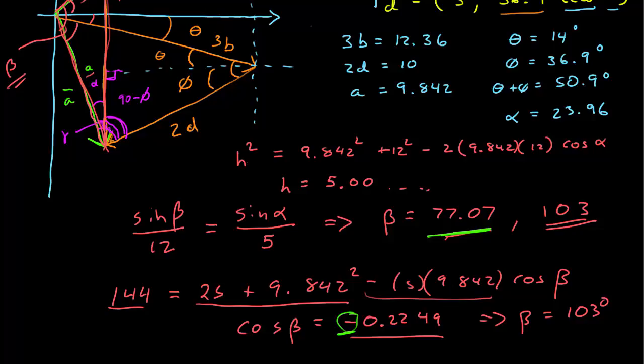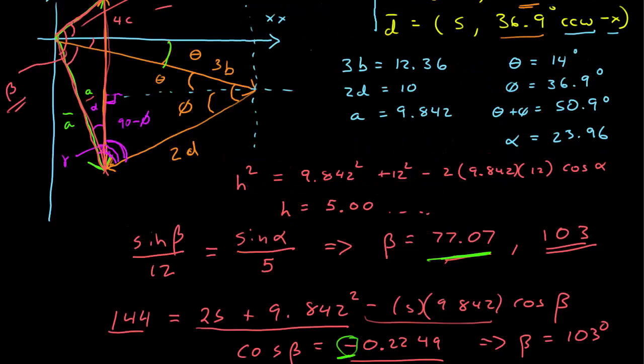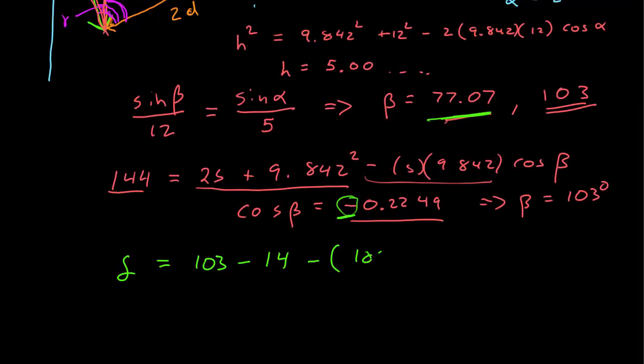But now I can calculate delta, because delta is beta, which is 103, minus theta, which is 14. That's this theta, so here's beta, minus theta, minus this angle, which is 180 minus 50.9 minus 77.0, some digits there, which gives me an angle of 36.9 degrees.